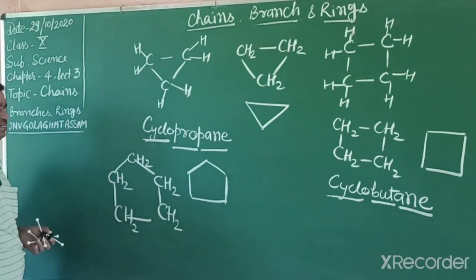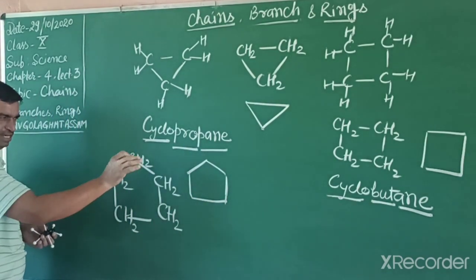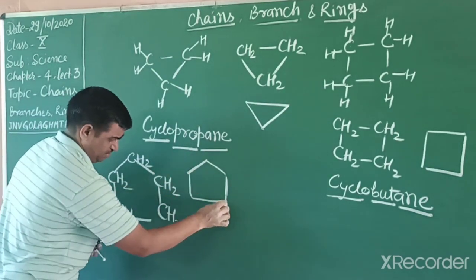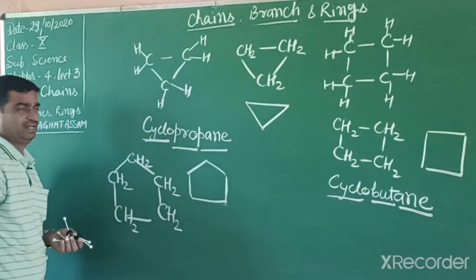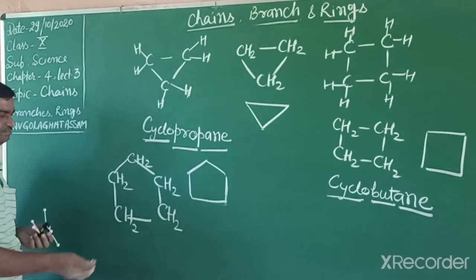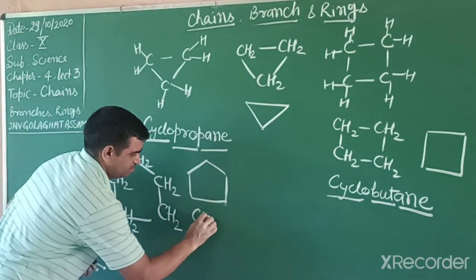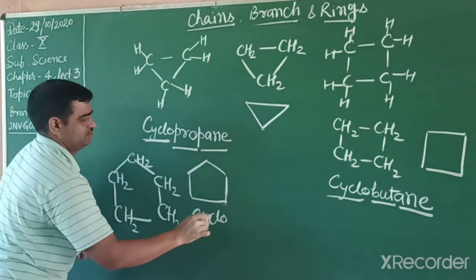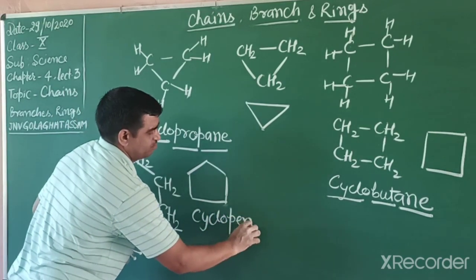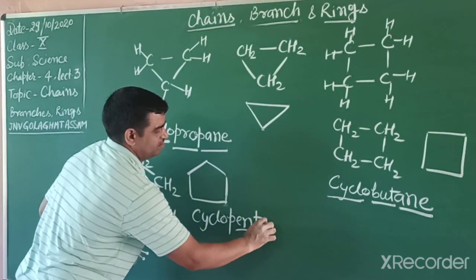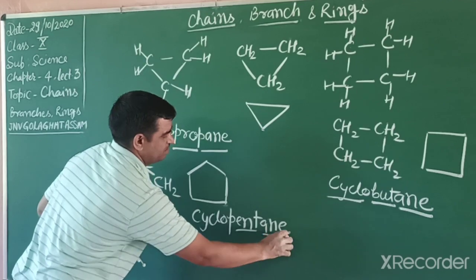Only bond and line are represented; carbon and hydrogen are not represented in such a type of formula. You will study this in higher classes, 11th and 12th. The name is cyclopent for 5 carbons and single bond, then ane, cyclopentane.